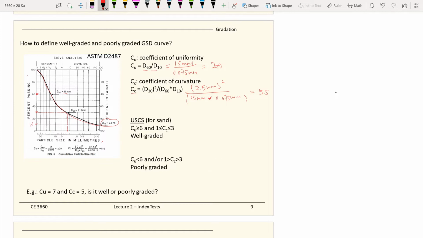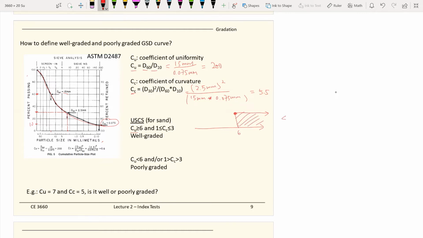After you have C sub U and C sub C, you need to determine whether this is well graded or poorly graded. The criteria for being well graded: if you draw the inequality line, we have 6 right there, and C sub U needs to be greater than or equal to 6.